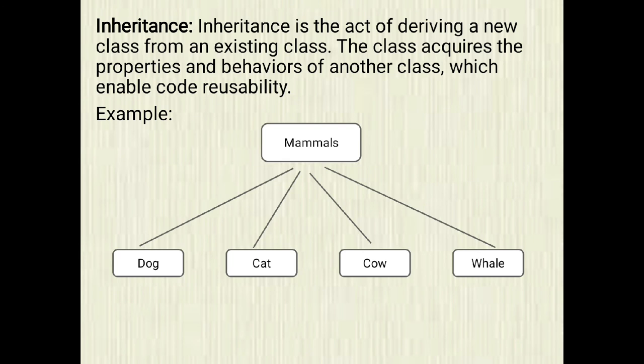Suppose, in this particular example, mammals. Here dog, cat, cow, and whale are under the category mammals. They are derived from the class mammals. Why? Because they do not lay eggs, they all give birth to live young ones.